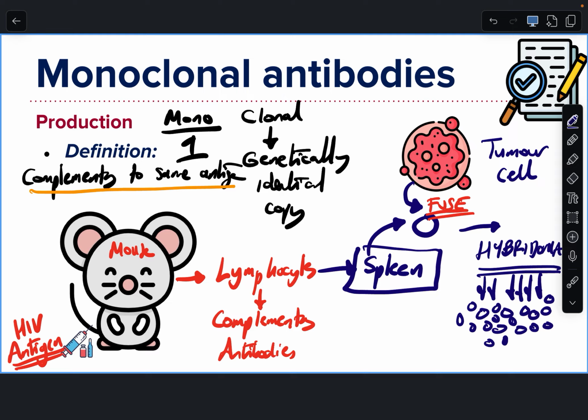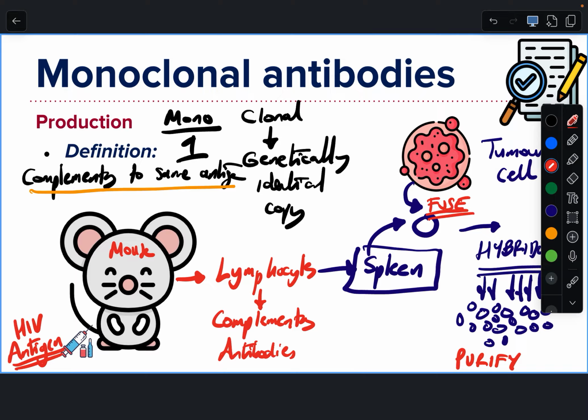And these hybridomas all produce the complementary antibody. So all I then have to do is purify this solution to separate the antibodies from the hybridomas. And I've now got a solution filled with complementary antibodies to the antigen that was injected in the first place.